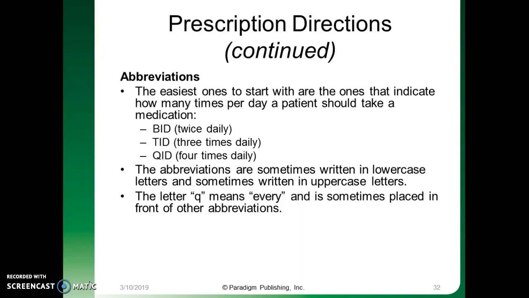The letter Q means every and is sometimes placed in front of another abbreviation. It could be, for example, Q6H, meaning Q, every, and then 6, and the H stands for hours, so every 6 hours.